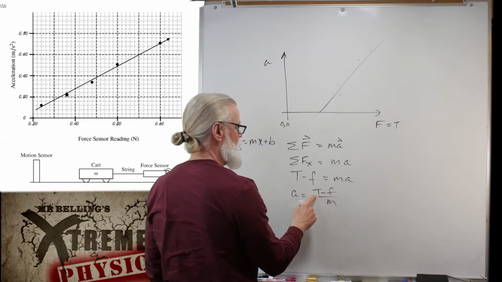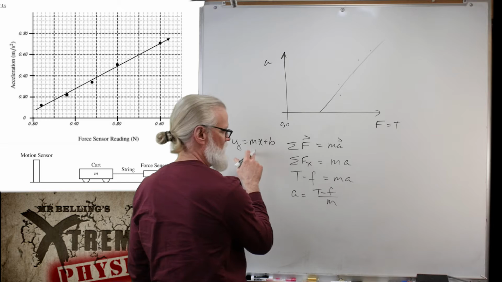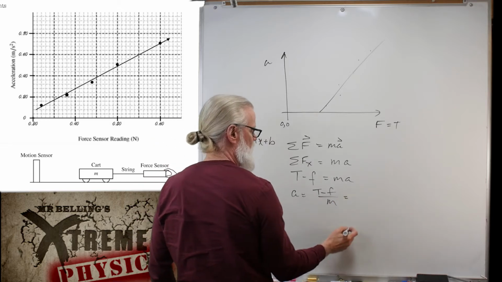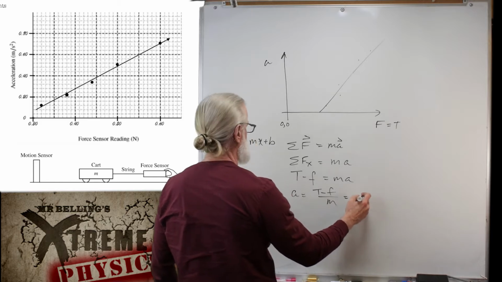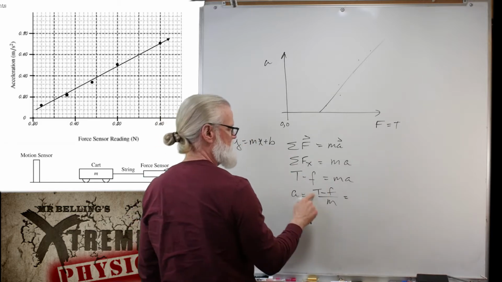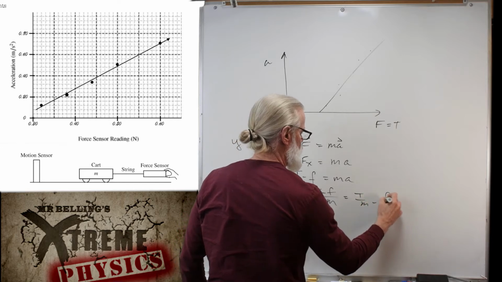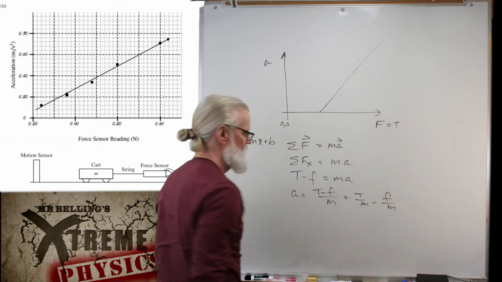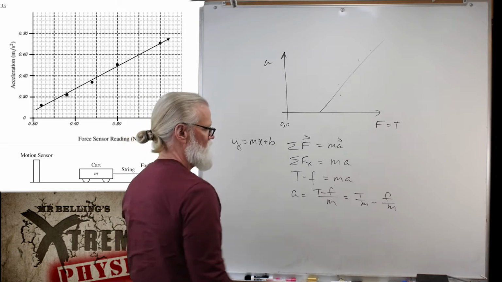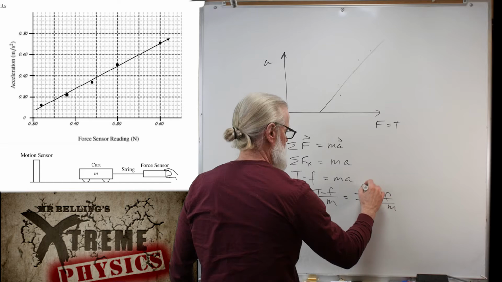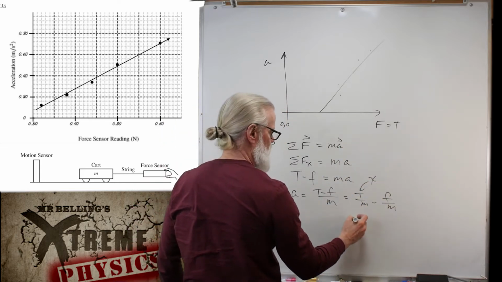So let's get that in, so it's looking more like this. So we would have here y equals T over M minus F over M, right? All right, so this is our x variable. That's x, that's the force or the tension.